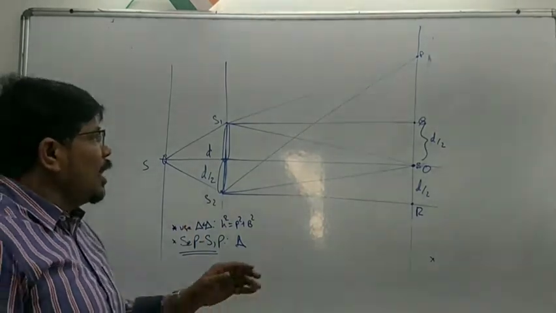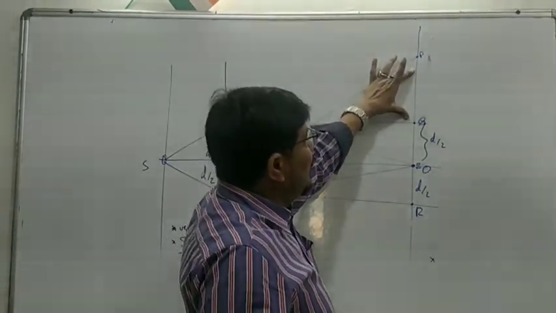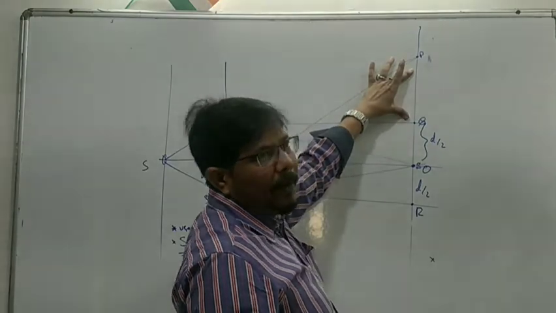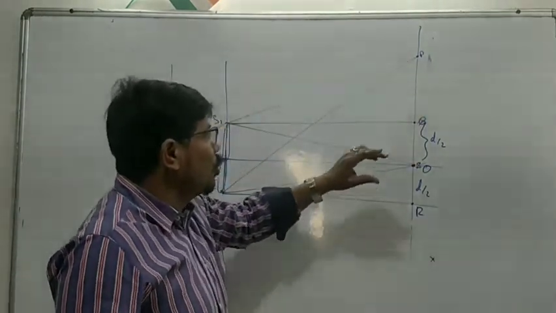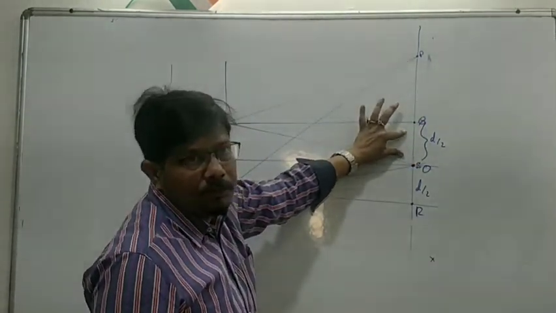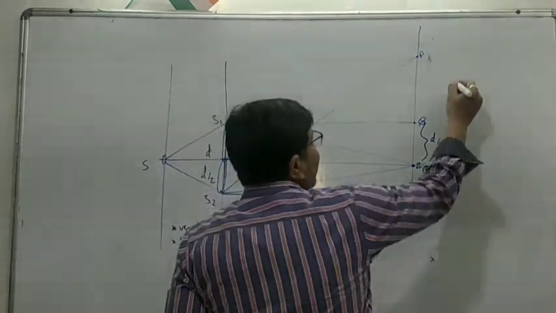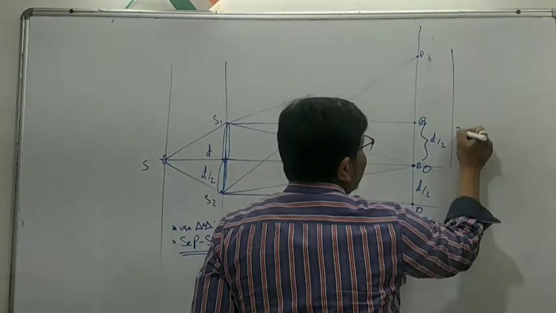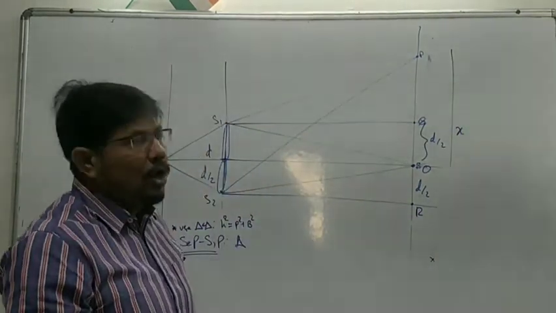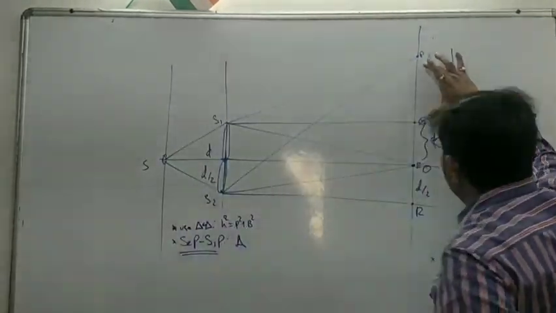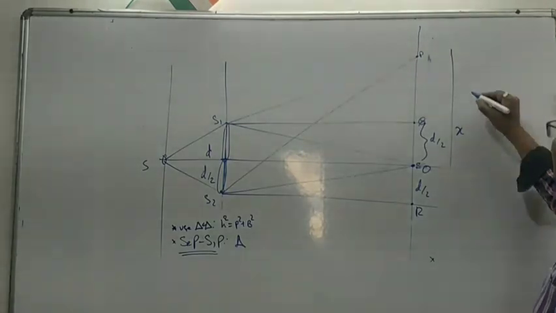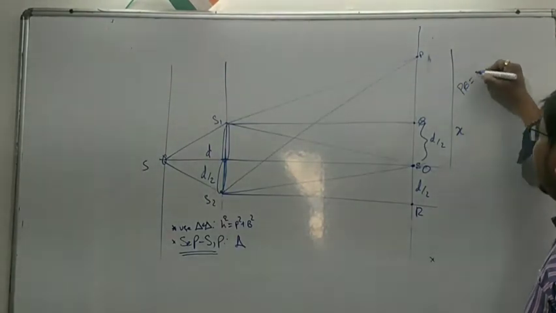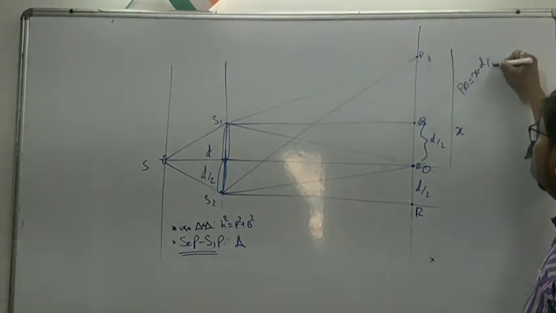So here, when you take this triangle, PQ would be the perpendicular. The total distance from the top to the center would be x. So if you want only PQ, you can write x minus d by 2.